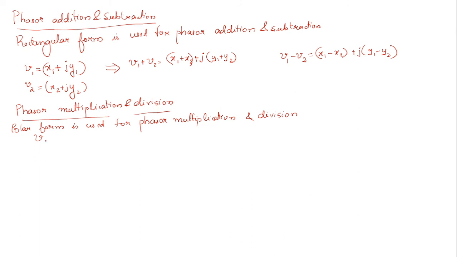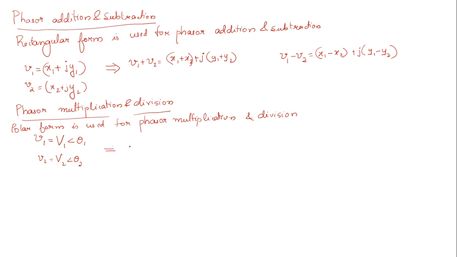Here you can see two phasors which we have selected: V1 is equal to capital V1 angle theta 1, and the second phasor is V2 is equal to V2 angle theta 2. These representations are taken in polar form.